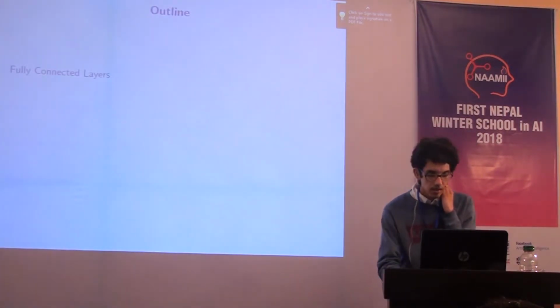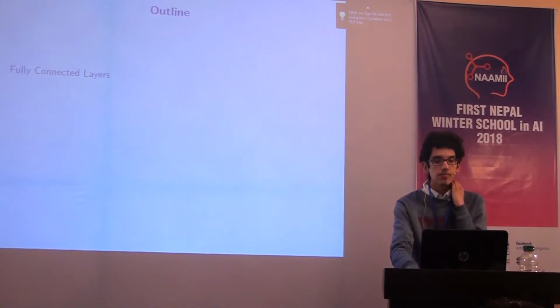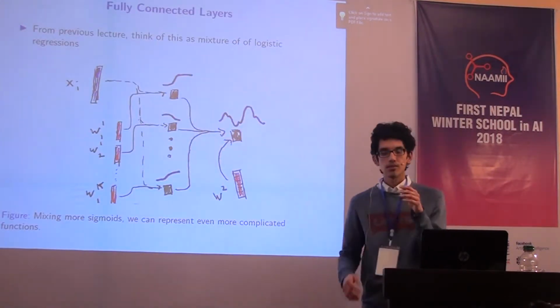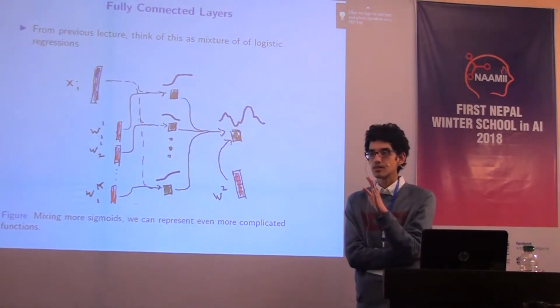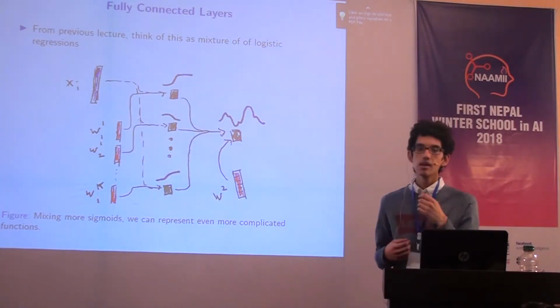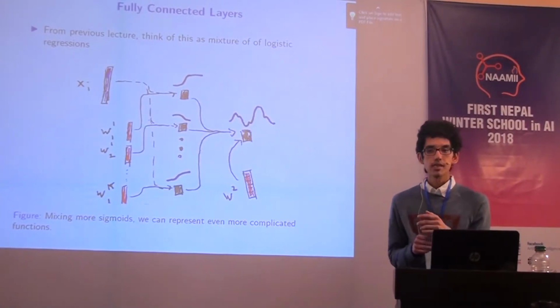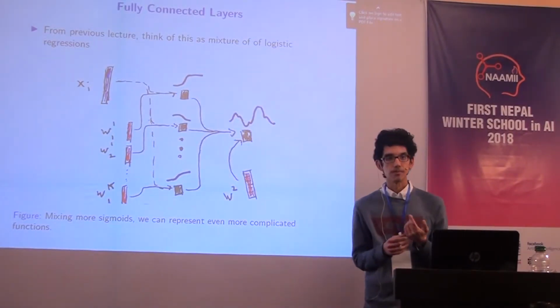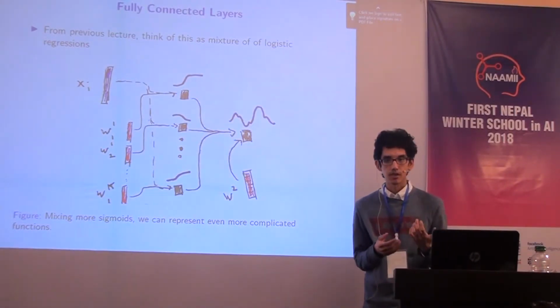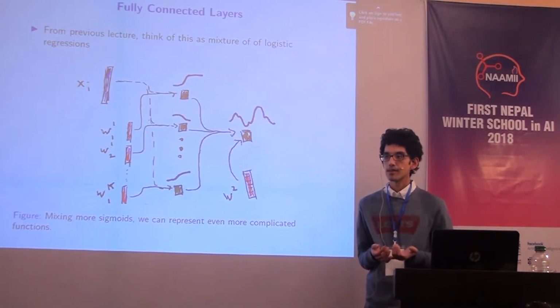So the plan. For all this talk so far in the last hour, I've only been talking about fully connected layers, right? But then in the morning, I know you read the ImageNet paper, and in the ImageNet paper, they talked about convolutional neural networks, right?